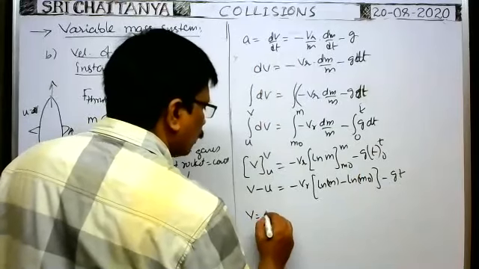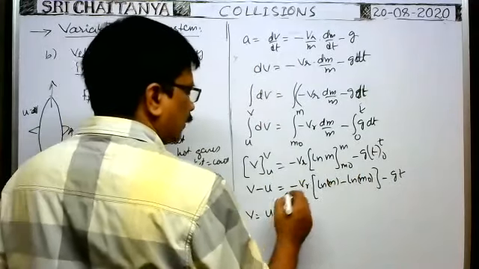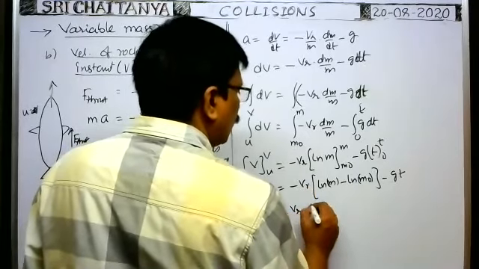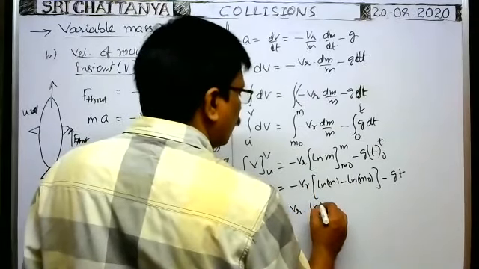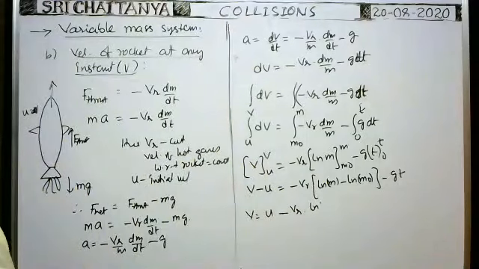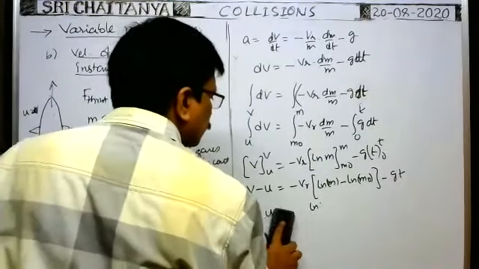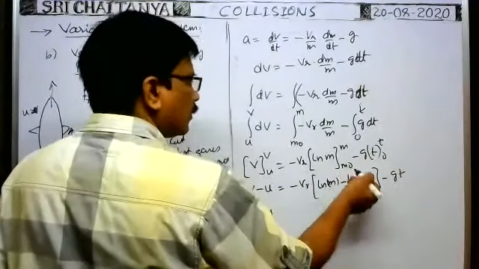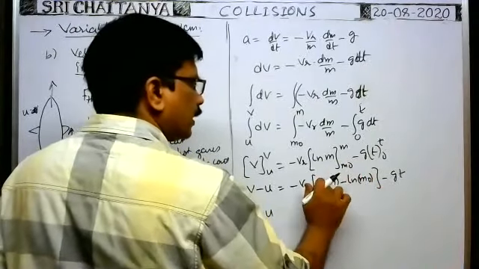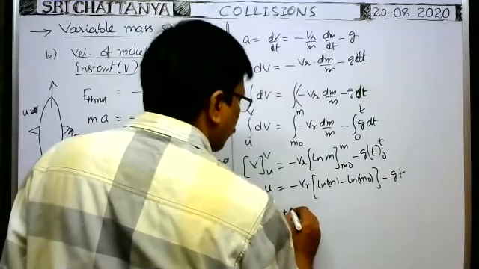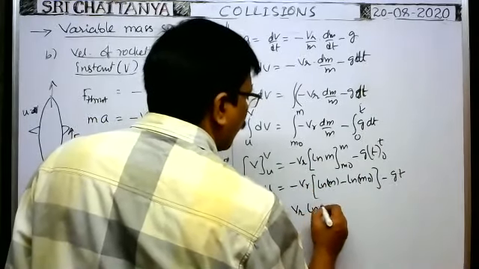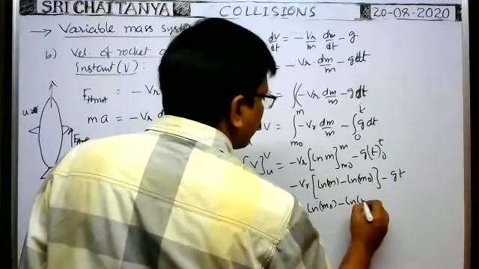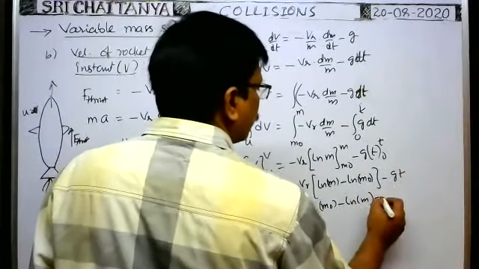So v is equal to u, you bring this u to the right, then u minus vr into ln m. You write it like this. Now you bring this minus inside the bracket, then it becomes plus, and you write plus vr into ln m naught minus ln m, and minus gt.